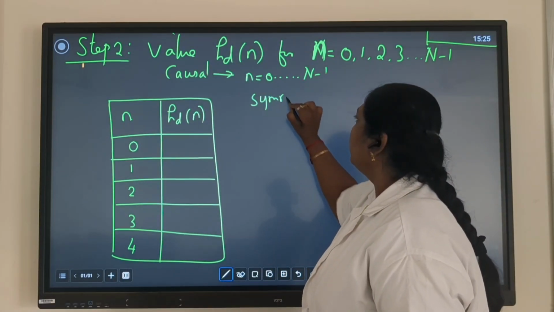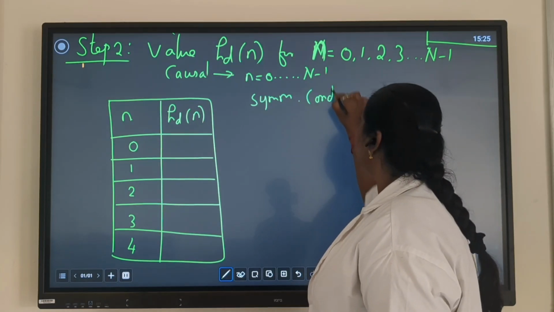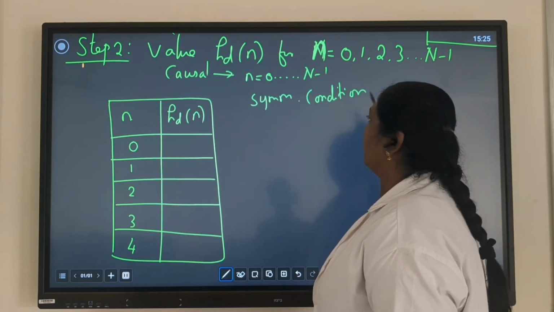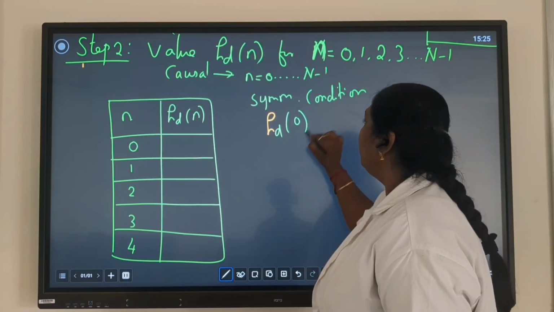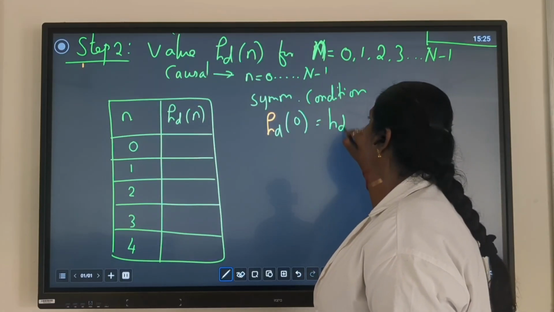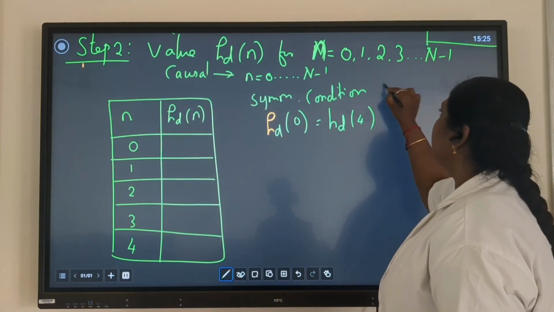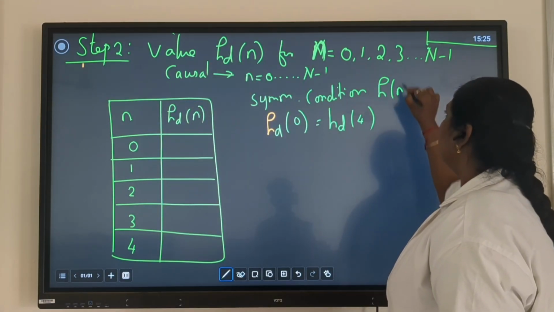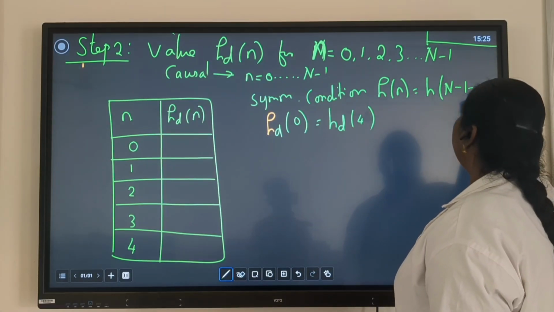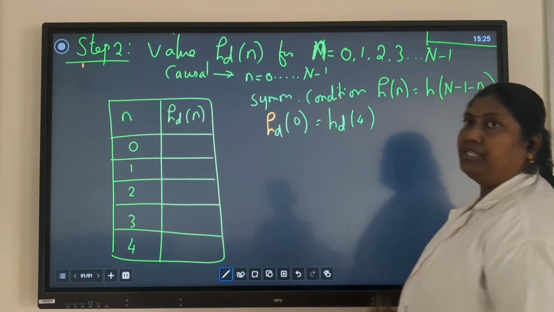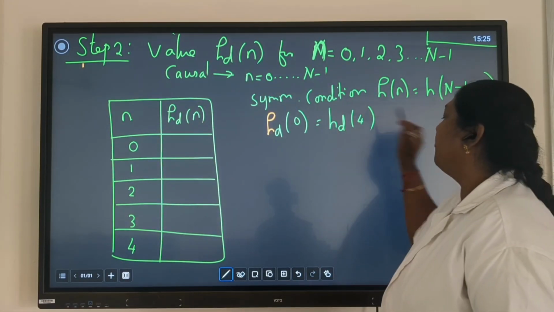By the symmetric condition, my hd of 0 will be equal to hd of 4. That is, you know already the symmetric condition is h of n is equal to h of capital N minus 1 minus n. Using this condition, I can write hd of 0 is equal to hd of 4.